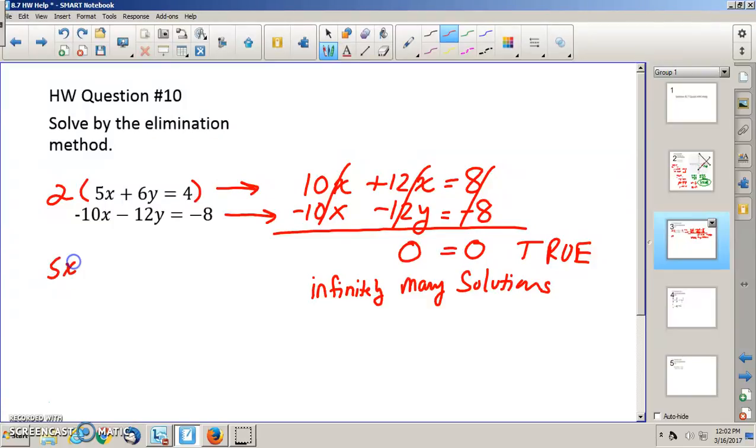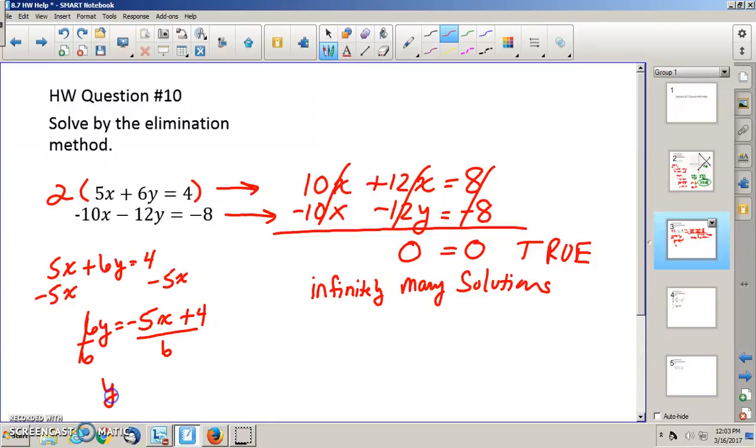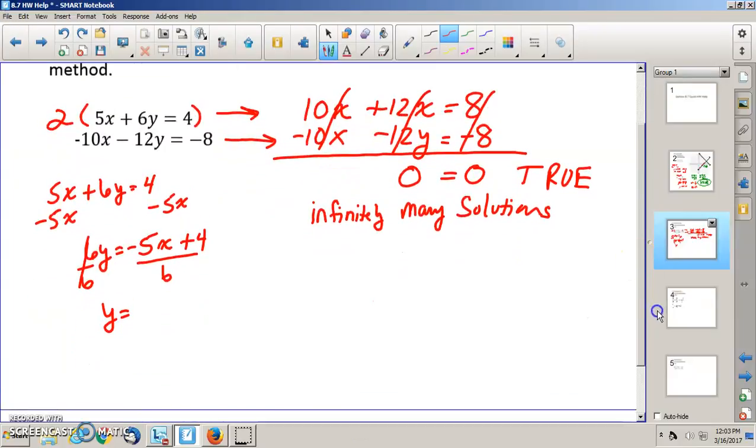so we have 5x plus 6y equals 4. If you were to solve these for y, we actually have to do this anyway, so let me just show you. So bring down the 6y equals negative 5x plus 4. And if we were to divide through by 6, I'm going to leave it like this, negative 5x plus 4 over 6.